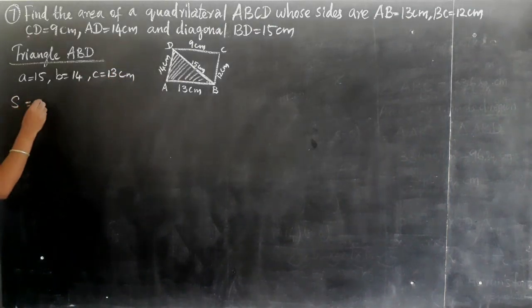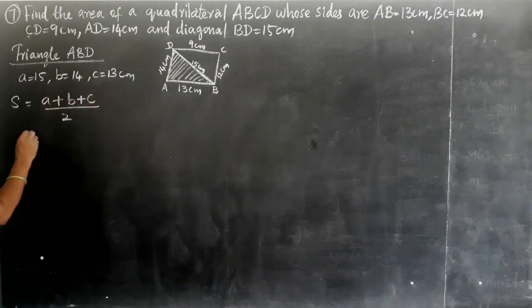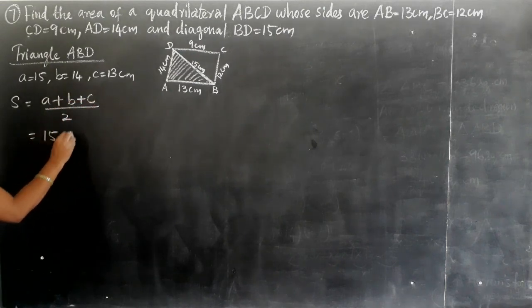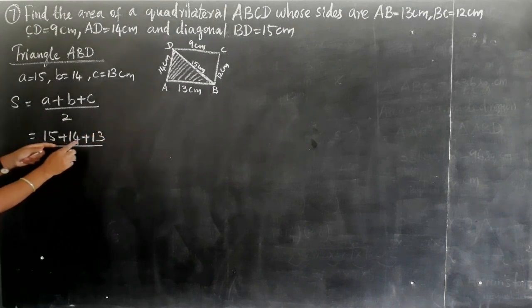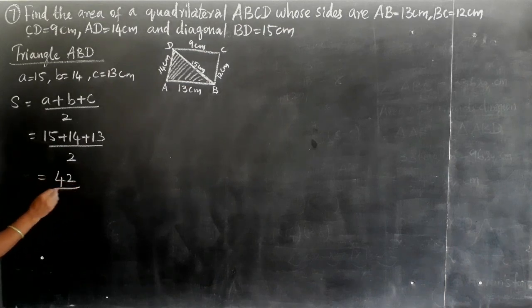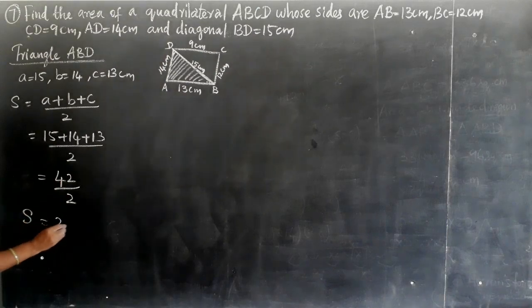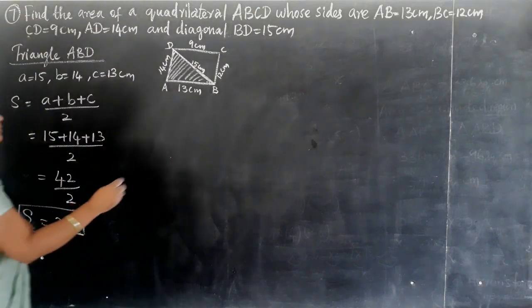To find s, s is equal to a plus b plus c divided by 2. So 15 plus 14 plus 13 divided by 2, that is 42 divided by 2. So s is equal to 21.